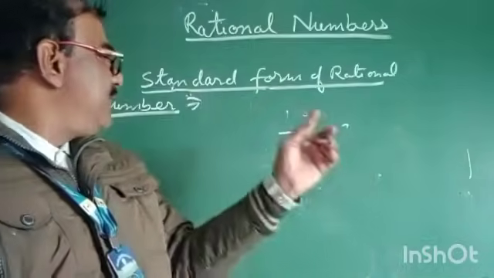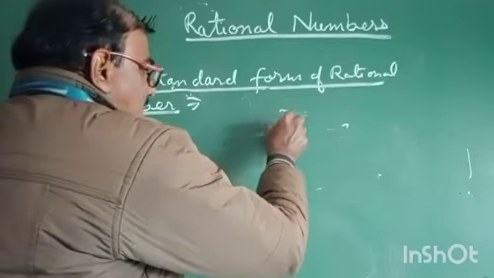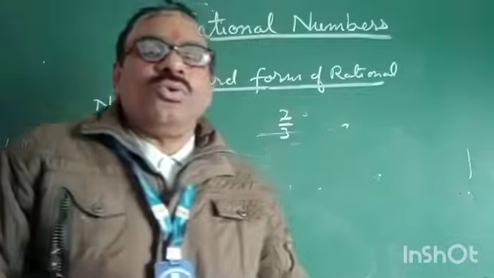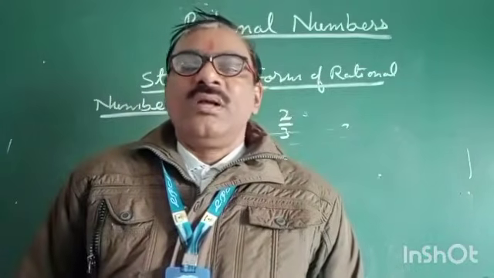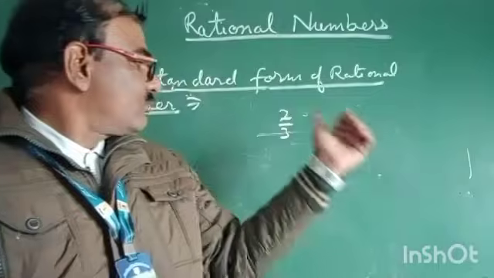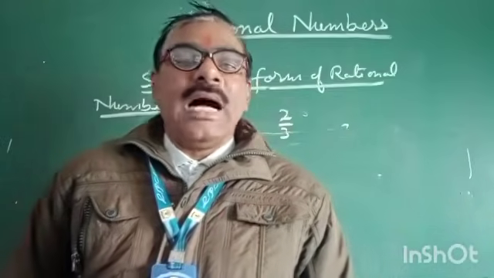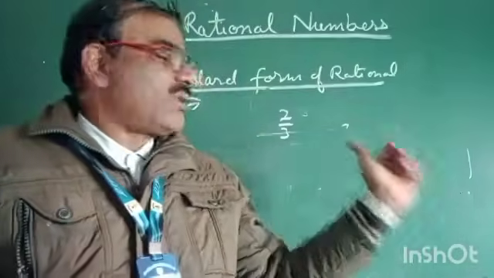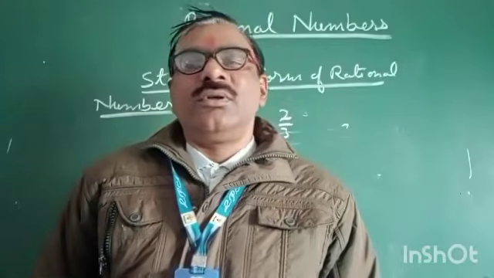Suppose this is 2 upon 3. If the HCF of 2 and 3 is 1, then I will say that this rational number 2 upon 3 is the standard form.